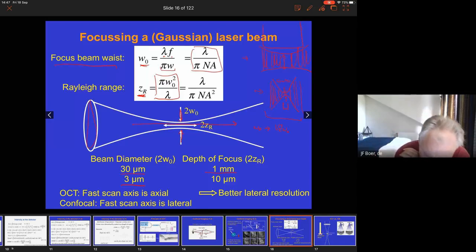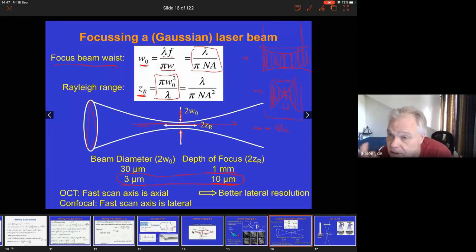So this is our fast axis. So for good OCT imaging, this situation is not very beneficial because we get a very high spatial resolution, but we have that only over a distance of 10 micron. And in OCT, we're looking at distances of about a millimeter to 2 millimeter.